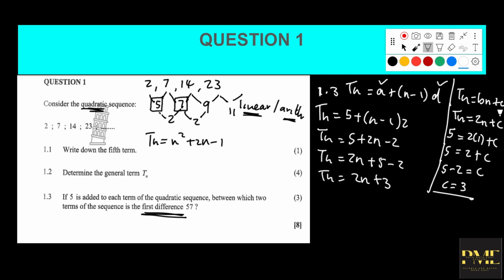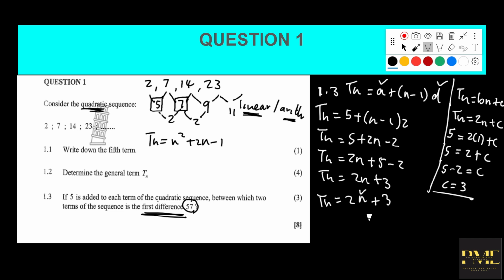Therefore you can plug in your value of c there, and then you have your Tn equals 2n + 3. Now basically once you have your one formula, which is a representation of Tn, you can calculate and find what your n is if its difference equals 57, because the question says between which two terms of the sequence is the first difference 57.